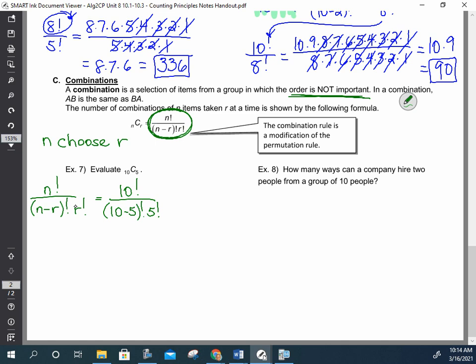So 10 minus 5 is 5, right? 5 factorial, 5 factorial. Again, showing it the long way for those people who don't have a graphing calculator. So 10 factorial over 5 factorial times 5 factorial.